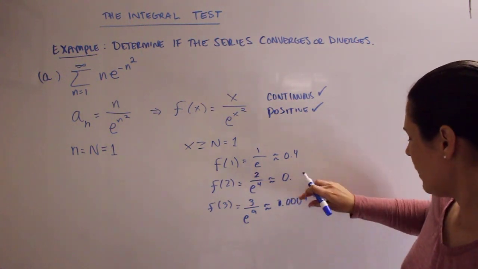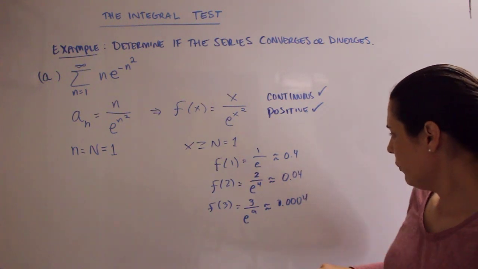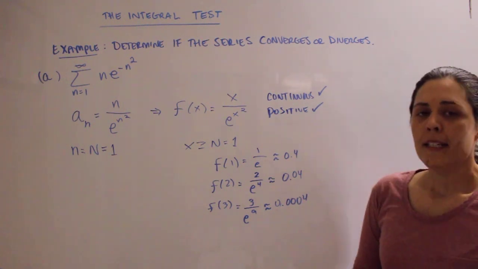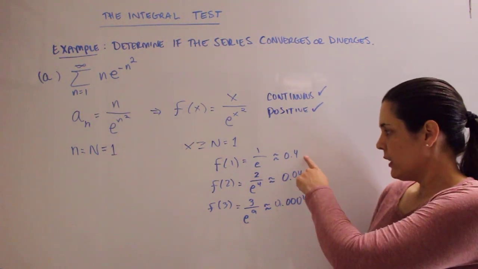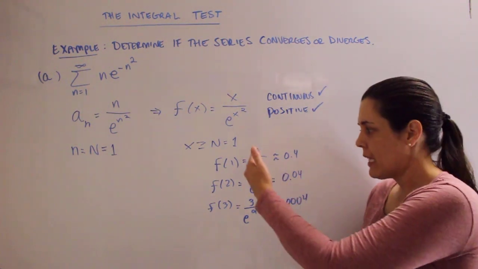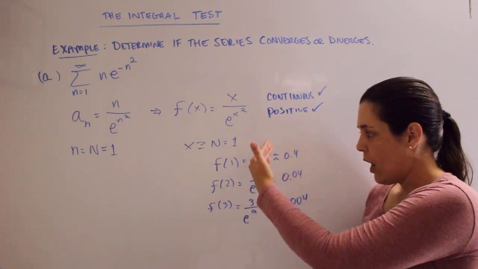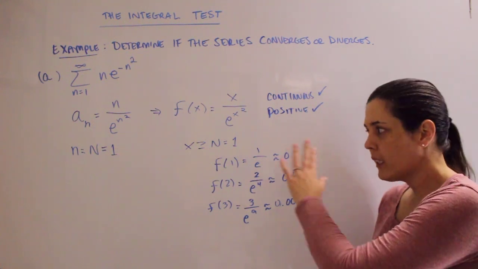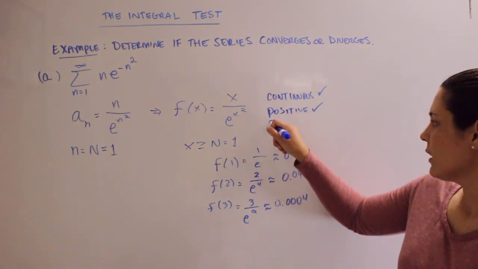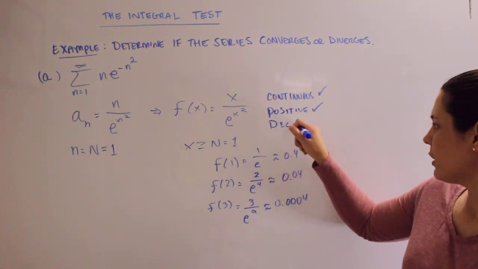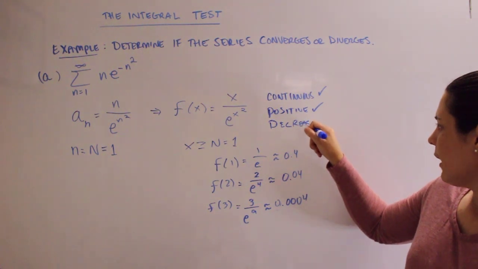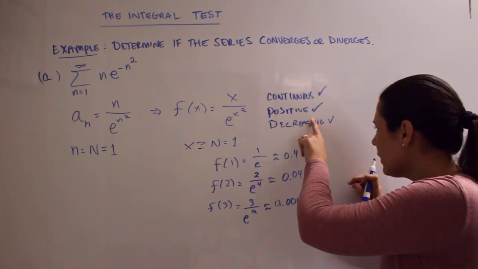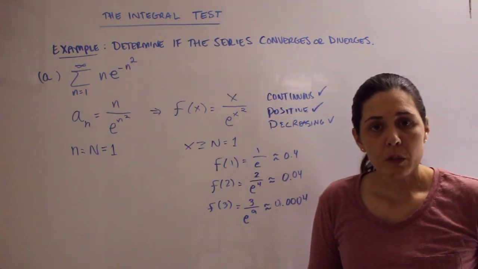Oh, sorry, I said it, but I think I wrote it wrong. 0.04, and this one has 0.0004. And you could keep plugging in, but you're going to see that these numbers are getting smaller. So as x increases, the output, the y, decreases, so the function is going down to the right, it is decreasing. Okay, so just wanted to prove it to you real quick, but the function is decreasing, and so we can go ahead and go forward, that says decreasing, and use the integral test.